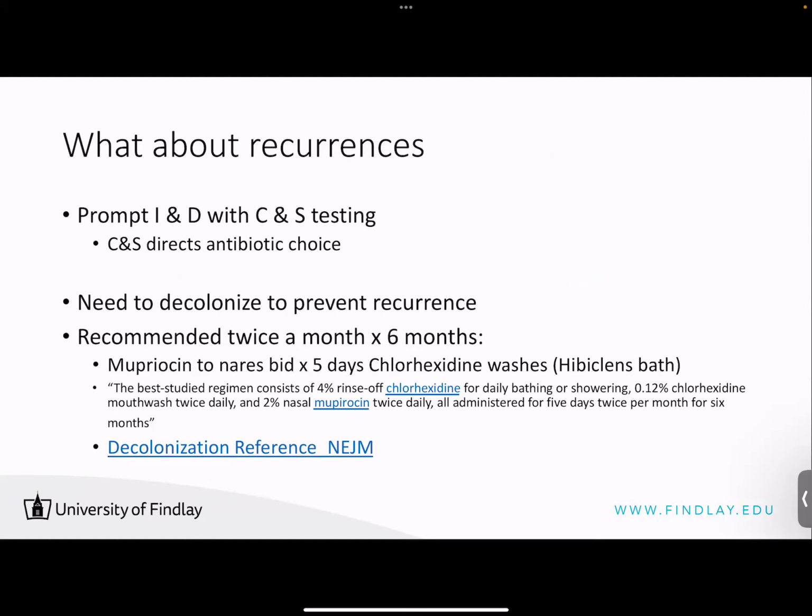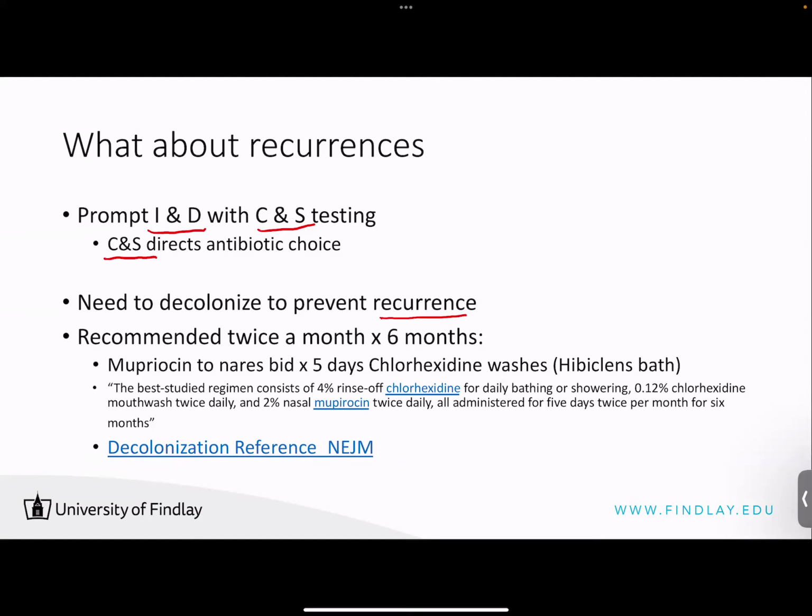Unfortunately, a good percentage of patients are going to have a recurrence. So depending on when the recurrence occurs, again, incision and drainage, culture and sensitivity testing ought to get done. And then the culture and sensitivity ought to direct your antibiotic choice. If the recurrence is frequent, there's a whole decolonization approach that has been studied.